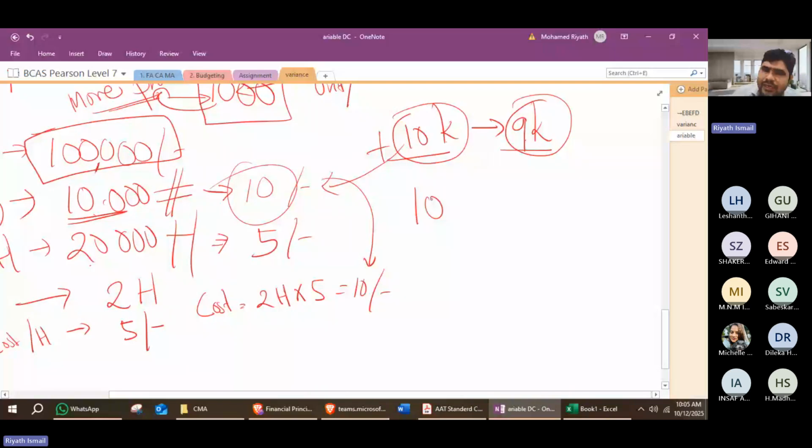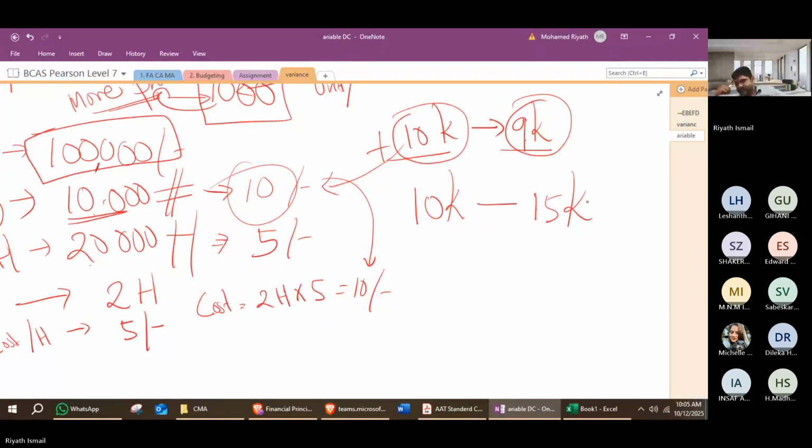Budgeted hours 10,000, actual or standard hours say 15,000, adverse or favorable? Favorable.